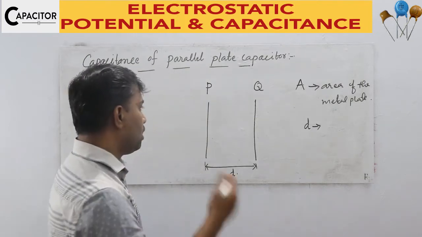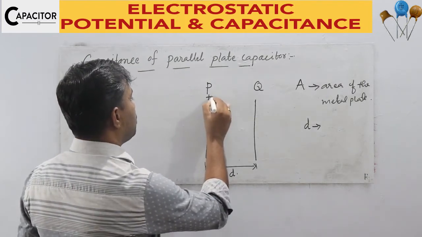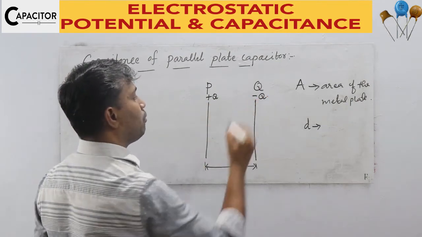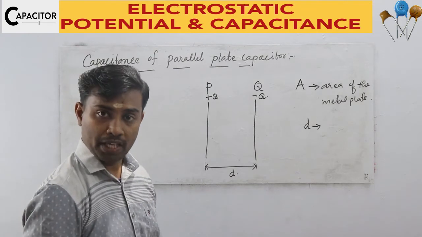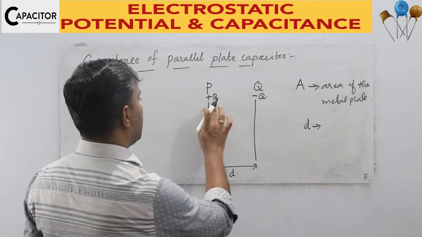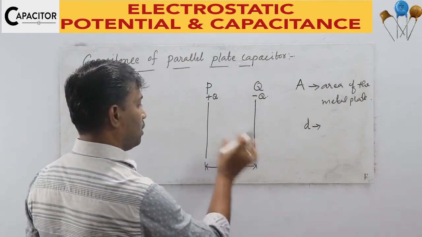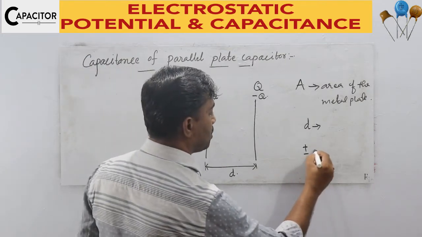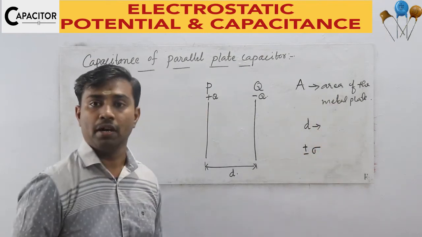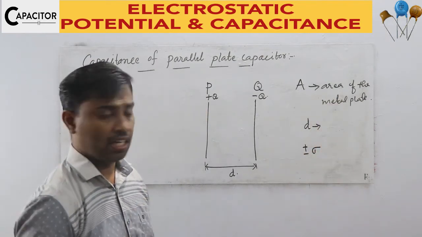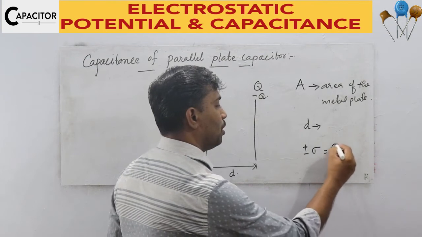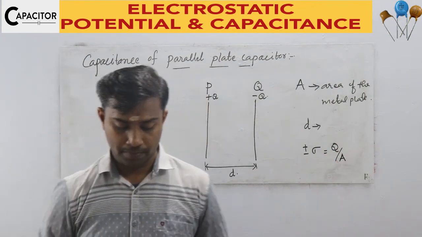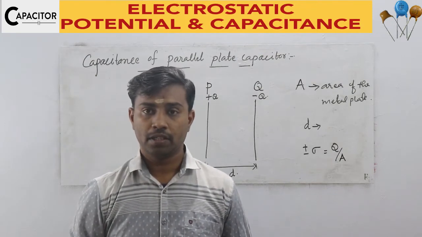Here plus q is the charge of plate P and minus q is the charge of plate Q. That means the surface charge density of the plate is plus or minus sigma. Sigma is the surface charge density, that is equal to Q by A. Okay, clear?